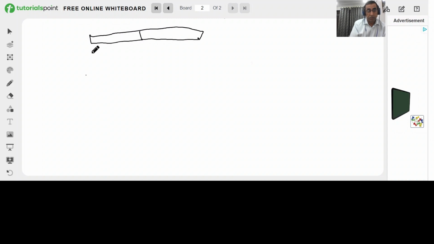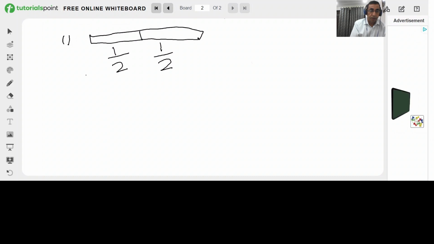The stick is one and that is divided into two parts. So each part will be 1/2. One stick and in two parts. And this was the first example.